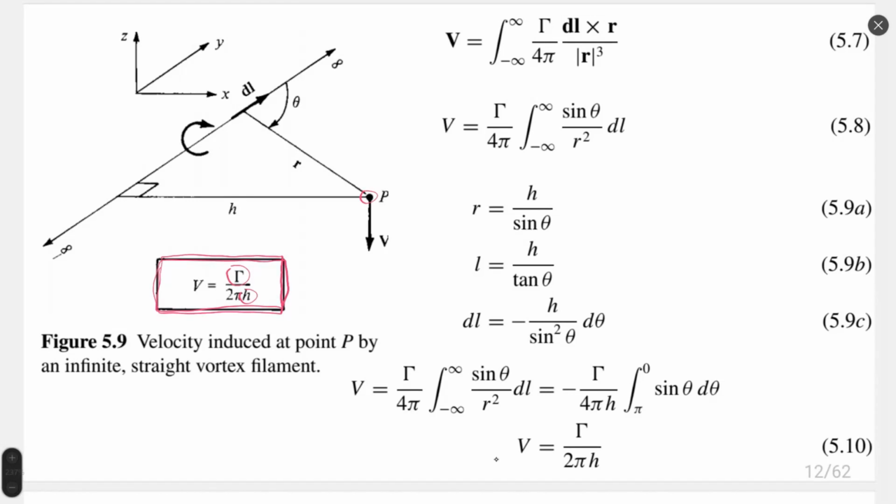And at this point P, we calculate our velocity. Velocity is directed according to the direction of the vortex.